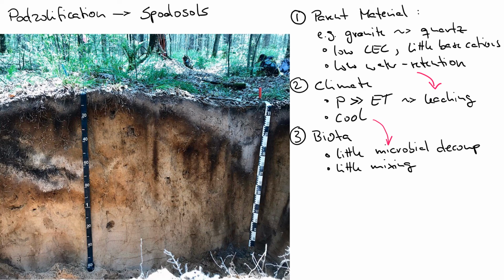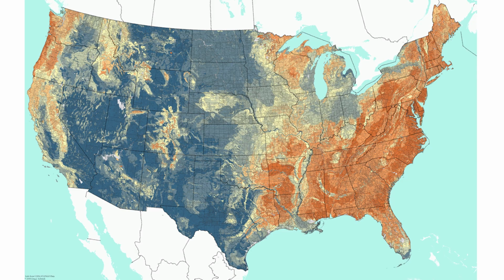All these factors taken together lead to a soil that has acidified, where more protons are being released than are being neutralized or buffered or taken care of in any other way, and we create these kind of spodosols.